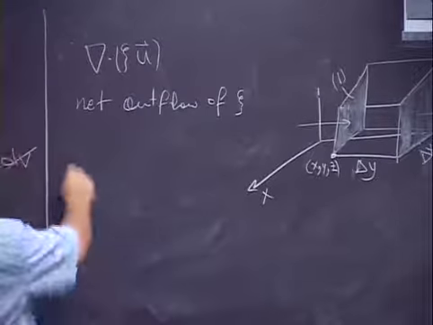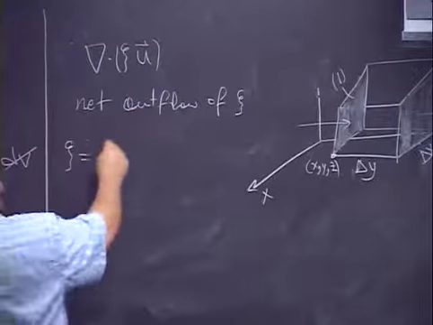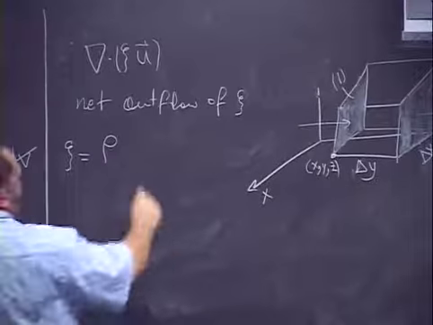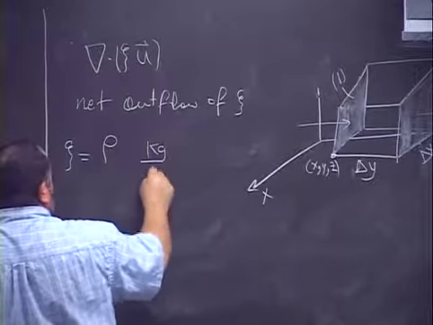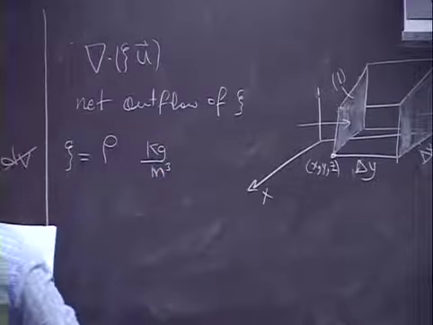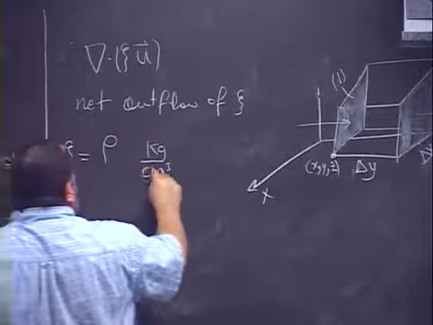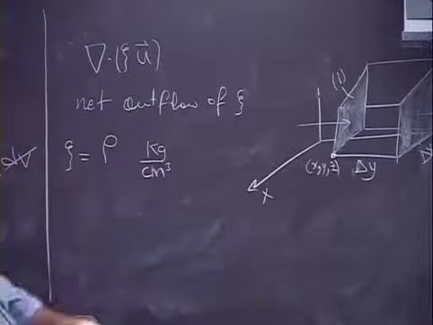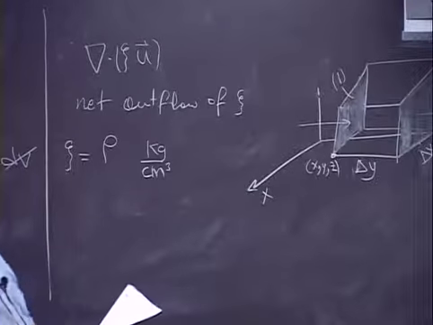To give some example, xz may be rho, which is mass, kilogram per meter cube or centimeter cube. So this will be the net outflow of mass.